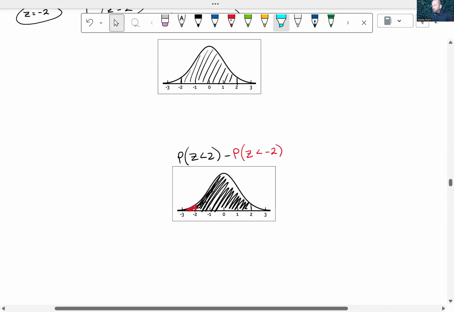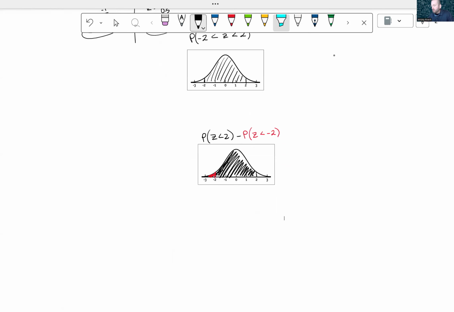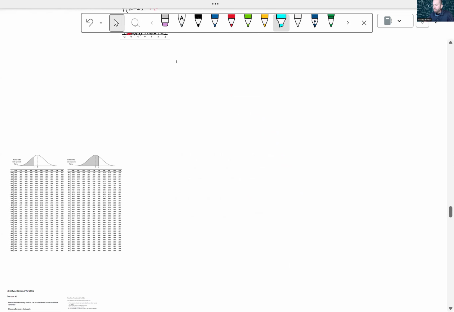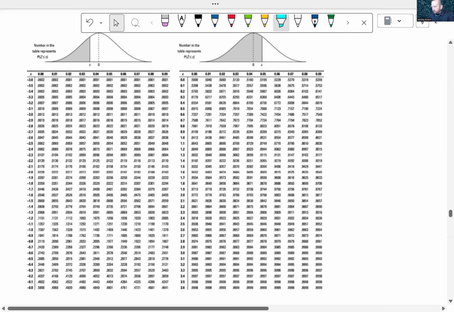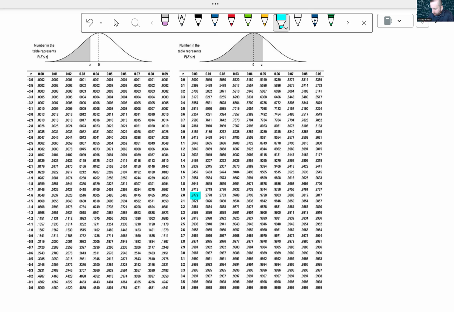Okay, so let's go to our z table and figure out what the value is for z less than 2, and for z less than negative 2. So we're going to go back to our z table and just find 2.0 and negative 2.0. Okay, so here's 2.0, and here is negative 2.0.